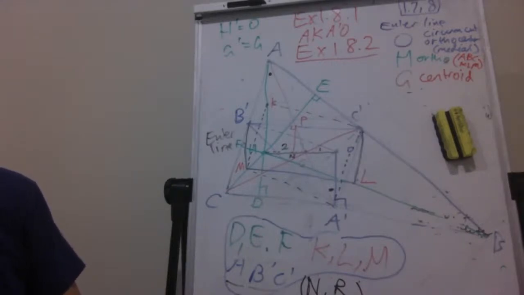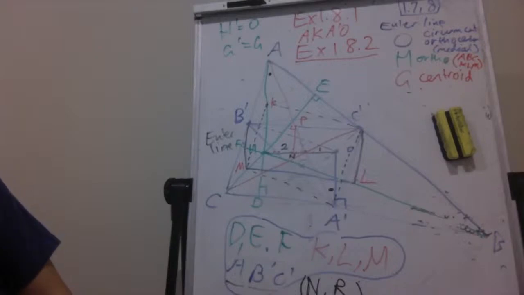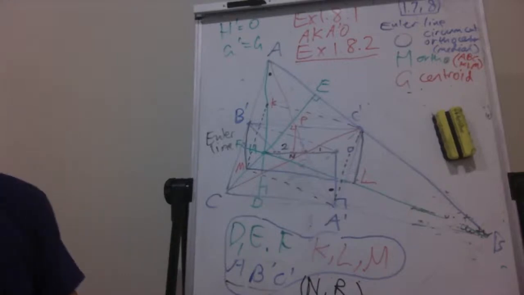Alright, do you want to see how I did it? I said HFAE is cyclic with K the center. But apparently that's enough to prove. Does that make sense?